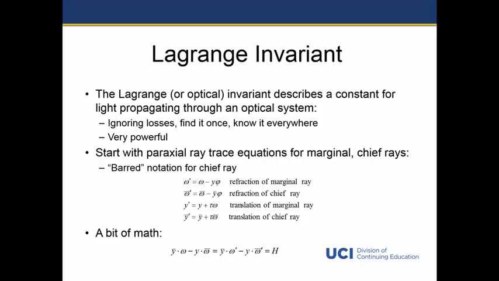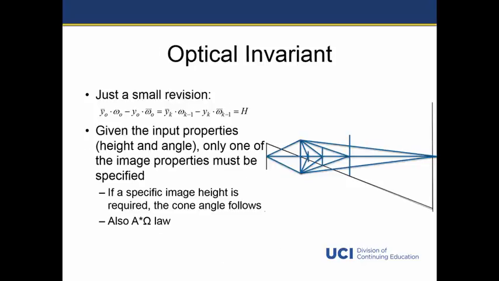So with just a small revision, what we can say is once we calculate this at any location in our optical system, we can determine what it is at any other of the k spaces in our optical system.